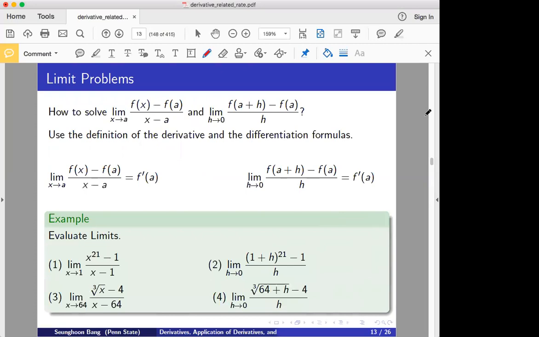It's good, depending on your choice. So did you learn this limit problem? So did you learn or not? Oh, okay. Okay, I see. You didn't learn. Okay.